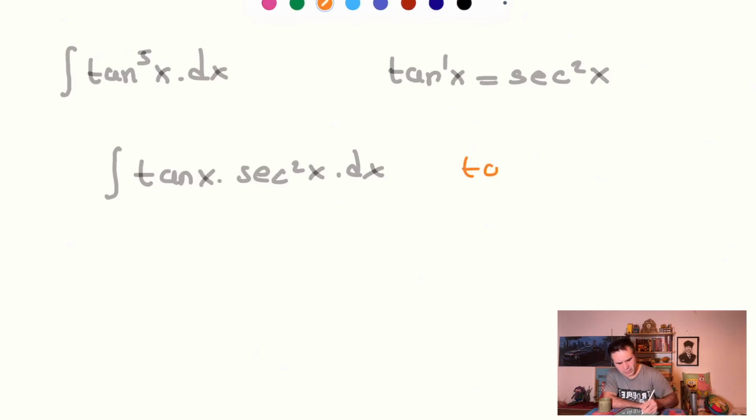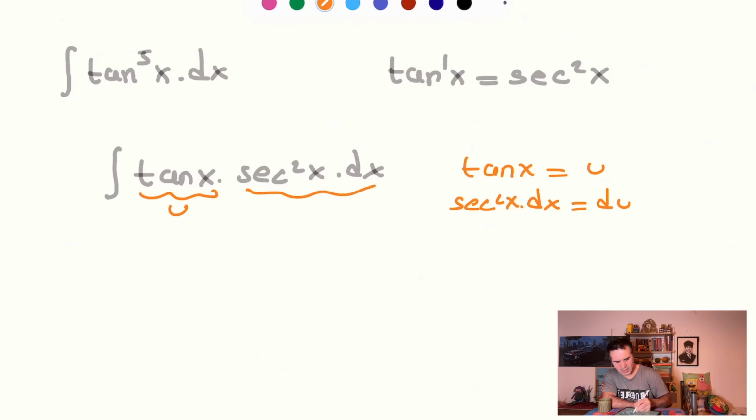Then if we say that tangent x is equal to u, then the derivative of tangent x, secant square of x times dx, will become du. Then the integral becomes u times du, and the integral of u is 1 over 2 times u squared.